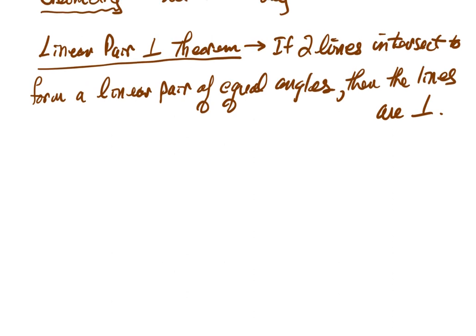Okay? If two lines intersect to form a linear pair of equal angles, there it is, then the lines are perpendicular to each other.